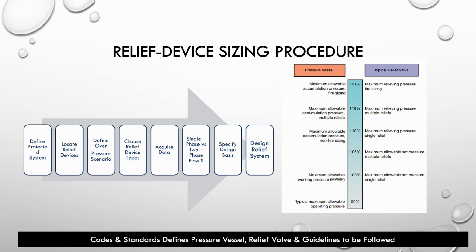Now you're gonna need to locate the relief devices, and that's what we just talked about. You're gonna need to define the overpressure scenarios. And that's a whole long procedure that takes place in basic engineering and can actually find its way all the way to detailed engineering revisions.